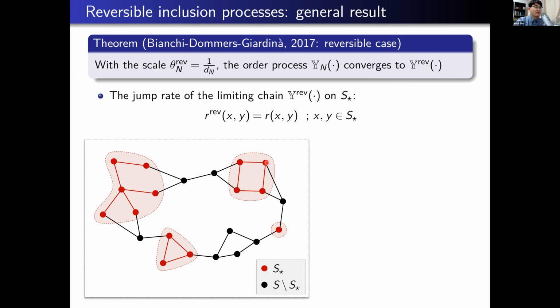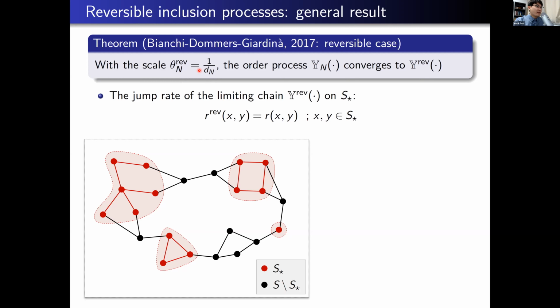If you can jump from this side to this side, then you can do vice versa because of reversibility. Okay. And the point is this: if you start from here, your condensation starts from here, then according to this result, you will stay among these four sites. You just jump around these four sites. If you start from here, then you just stay among these six sites. And if you start from here, then you will stay here forever in this time scale.